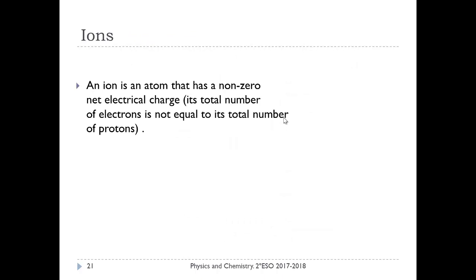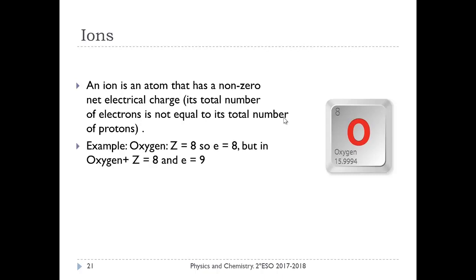An ion is an atom that has a non-zero electrical charge. This means that the number of electrons is not equal to the number of protons. For example, given oxygen, which has 8 protons, for it to not be an ion it would have to have 8 electrons.